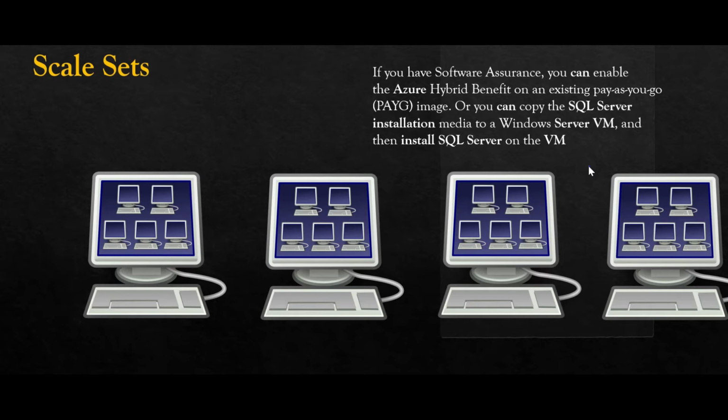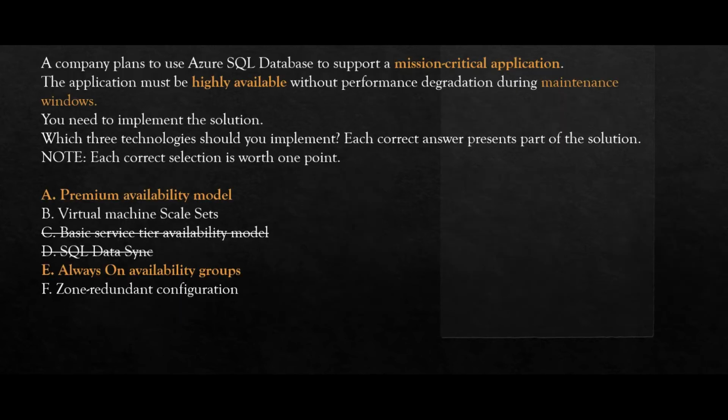So if you have software assurance, you can use Azure Hybrid Benefit, so that you can reuse the same licenses, same SQL Server, and deploy it on your VM. Our question here is very specific to Azure SQL database. Azure SQL database does not reside on a VM, and hence scale sets will not help with high availability. So hence we are striking off option B.